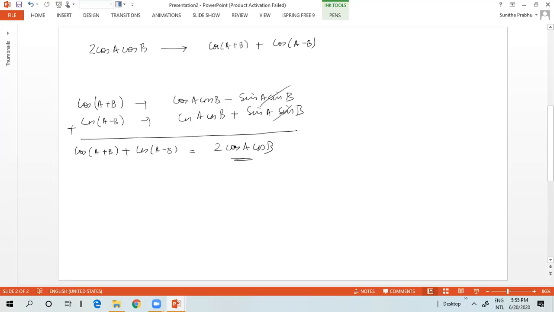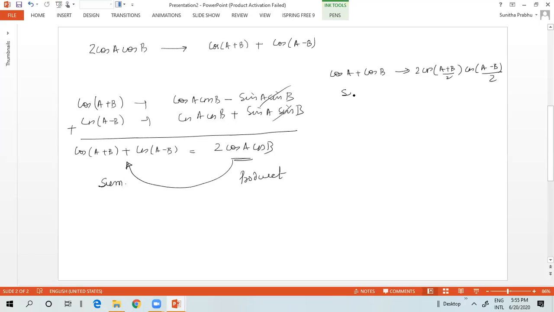So when you write product into sum, this is very important that we remember, because unless you keep doing sums, you will not remember this. When you convert product into sum, you should not divide it by 2. But when you do sum to product, supposing I had cos A plus cos B, that time you will do 2 cos A plus B by 2 into cos A minus B by 2.